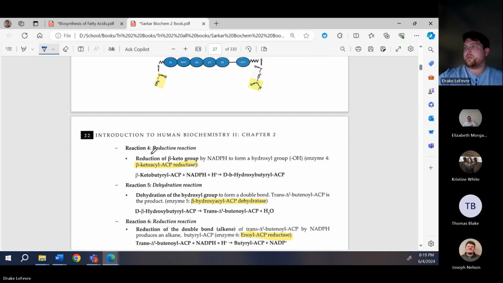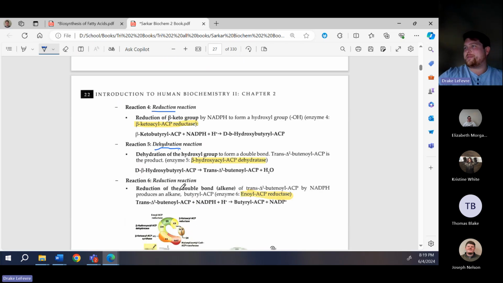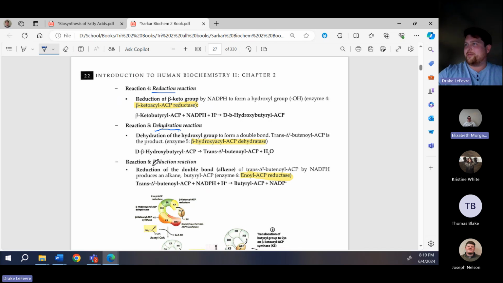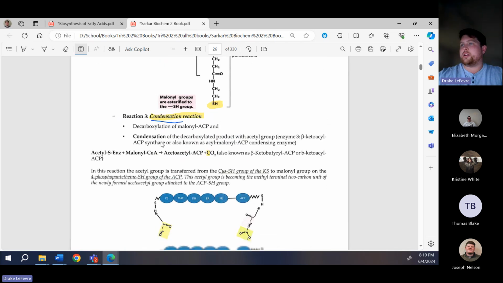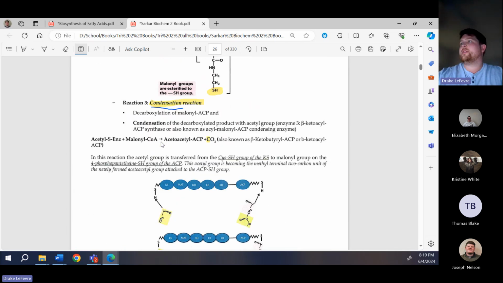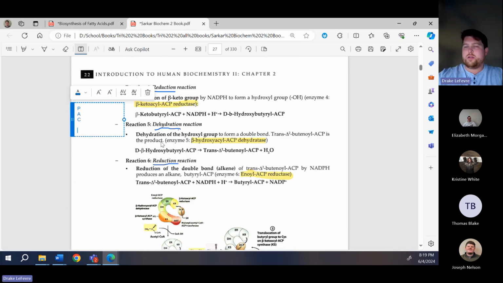Condensing, reducing, dehydrating. Come on. These school laptops are not the way. And then reduction. So priming, activating or attaching, dehydrate, condensation, PAC, PAC, RDR.